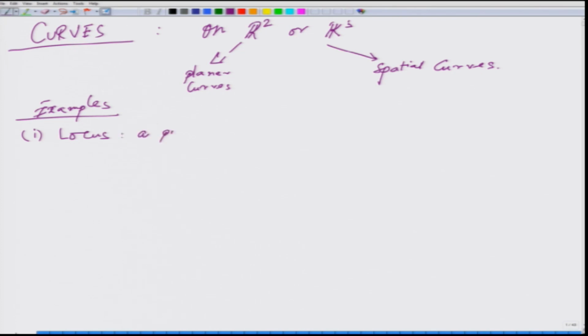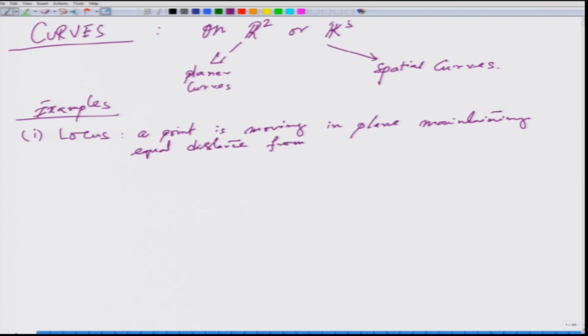Let us say a very simple example: a point is moving in the plane maintaining equal distance from a given point A, B, and the equal distance is D, and all of you know what the locus of this point is.